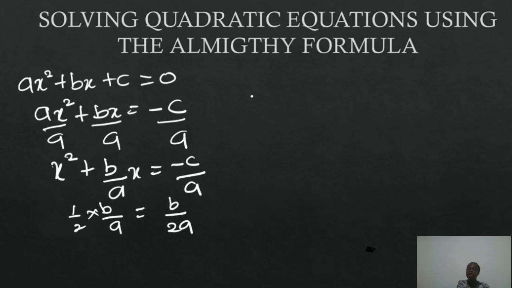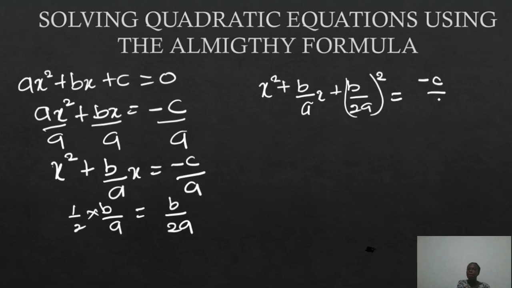So from here we are going to get x squared plus b over a x plus b over 2a, all of this squared, equal to negative c over a plus b over 2a, all of this squared.